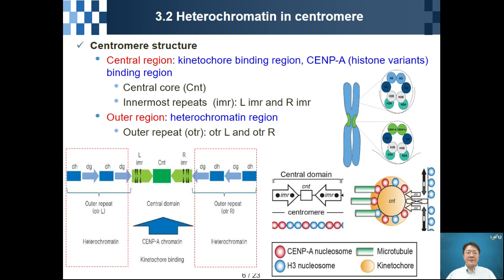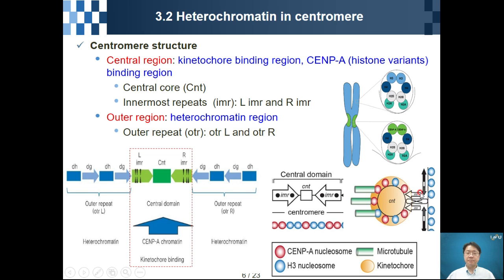Let's start from the central domain. The central domain is composed of the central core, which we call CNT, and also the innermost repeats, IMR: the left innermost repeat and the right innermost repeat. In the central core region, the CNT region, it is also flanked by the left IMR region and the right IMR region here.